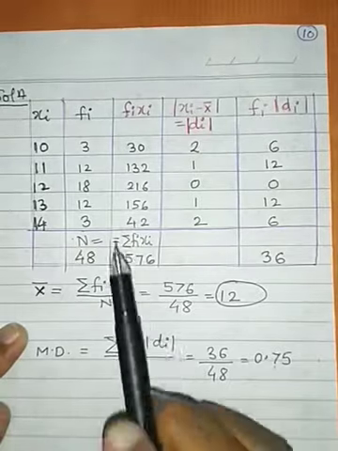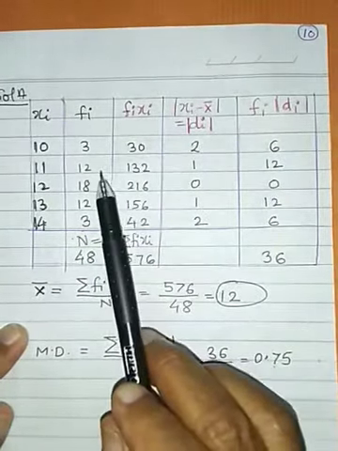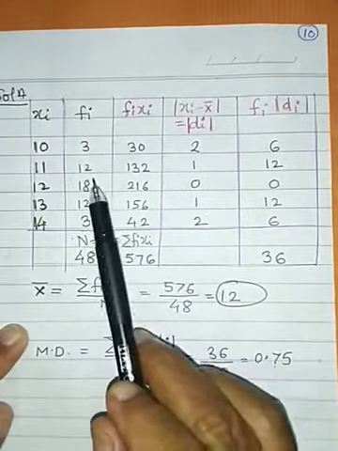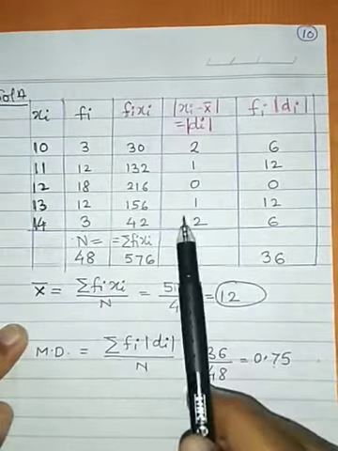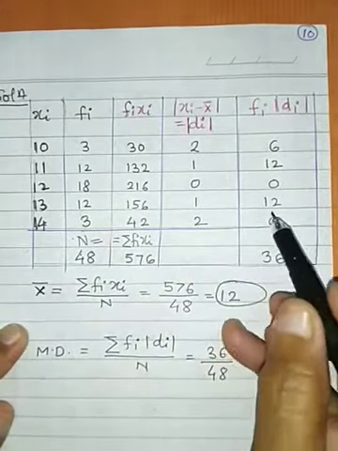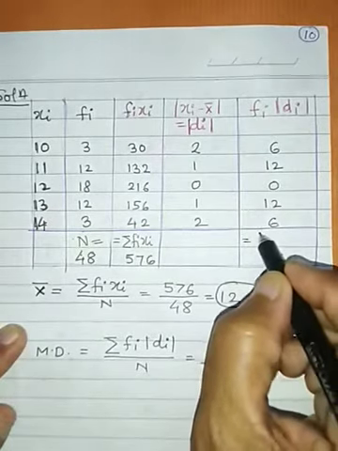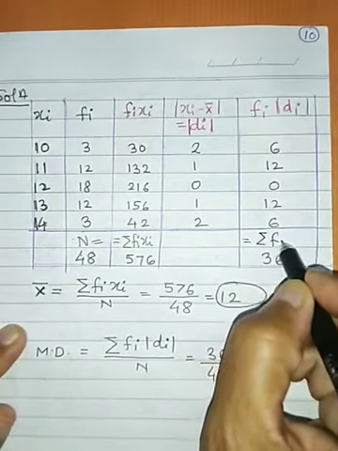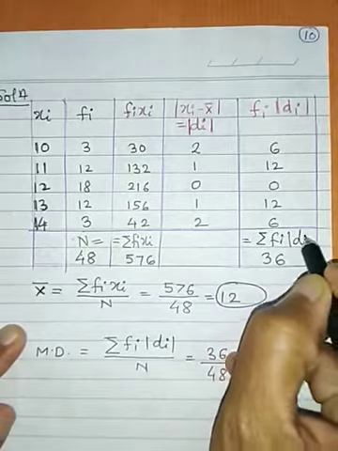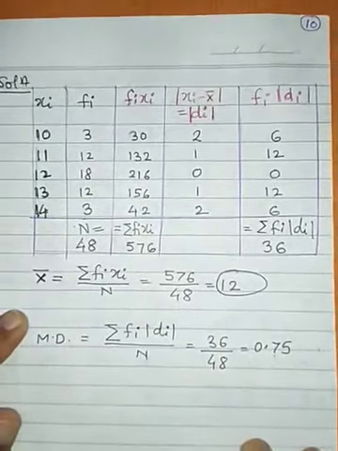So we are multiplying. 3 into 2, 6. Respective elements are multiplied. 3 into 6, 12 into 1, 33 into 2, etc. You add all of them. Take the sum here. The sum, summation fi mod di, is 36.